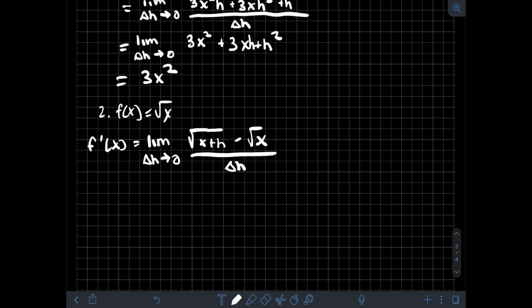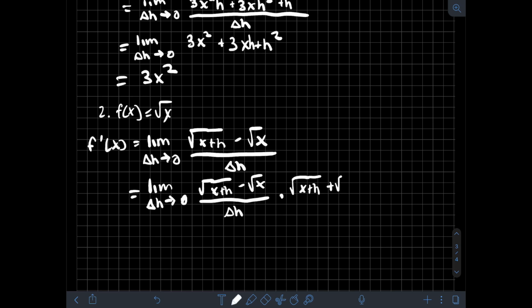So looking at this, there's not much we can do. So the first thing that comes to my mind is to try to multiply by the conjugate. So if we do that, we're going to get the limit as h approaches 0 of square root x plus h minus square root x over h, all multiplied by square root x plus h plus square root x over square root x plus h plus square root x.